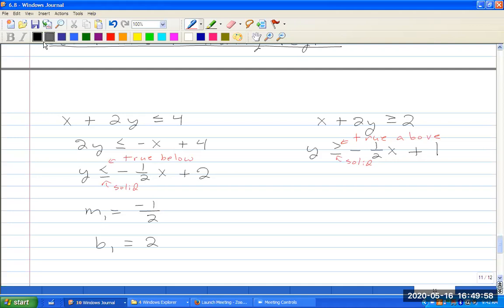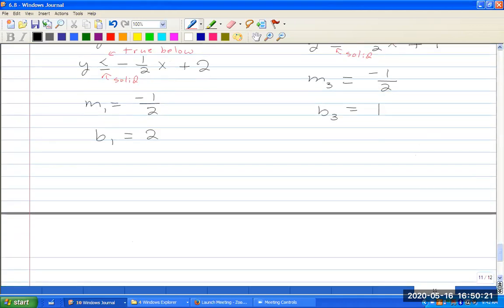So the slope, and I think this is the third equation, is negative 1/2, and the y-intercept is 1. Okay, so there'll be two parallel lines, just a distance of 1 apart. Now let's look at the other one.